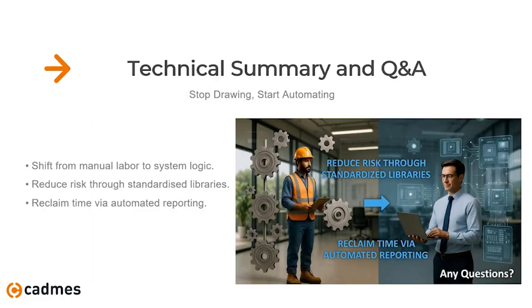So the quick start approach shows you how to remove the admin that slows down engineering and get back to real engineering. Instead of working with manual processes and disconnected information, you move to a system that is structured, consistent, connected, and pre-configured just for you.